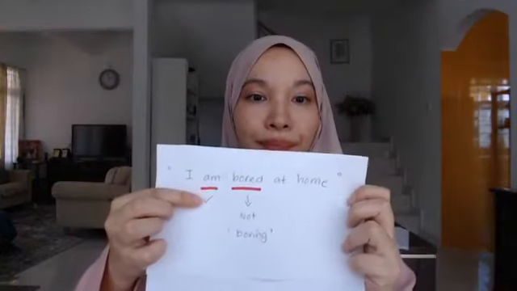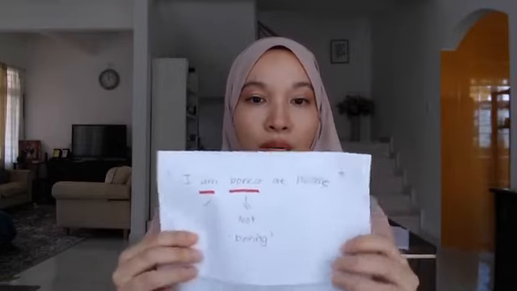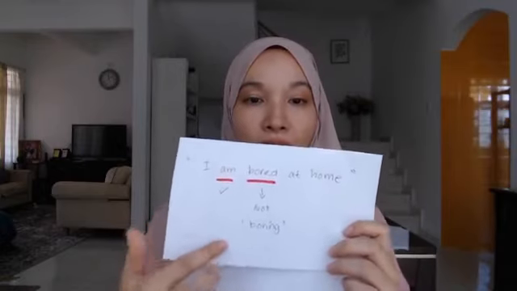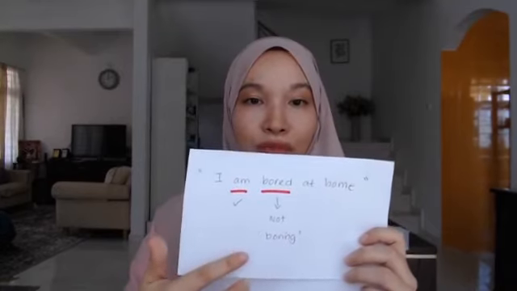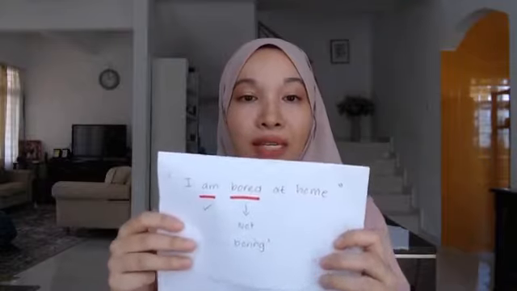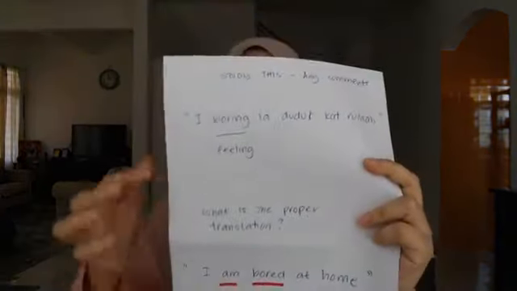Okay? So if you can see this, the use of am and then bored at home. So in English, you do not say, I am boring at home, because it means something else, and we'll talk about that later. But if you can see what the Malay phrase is, I boring terus.